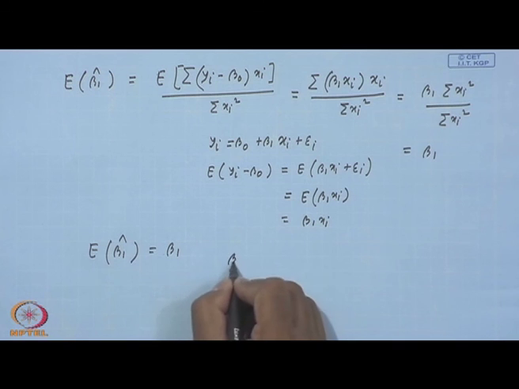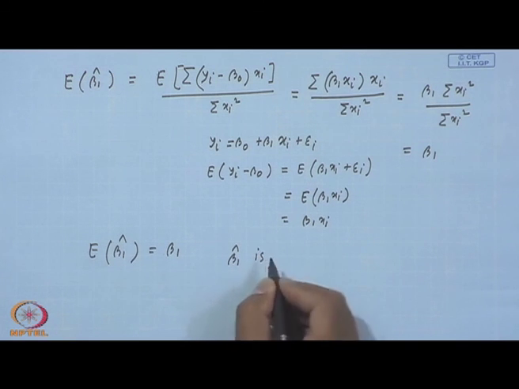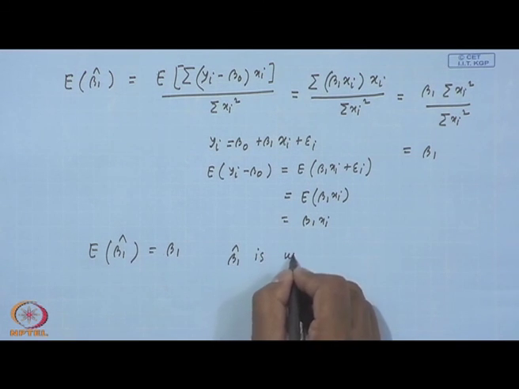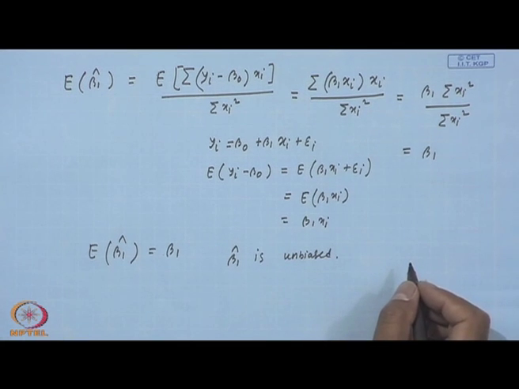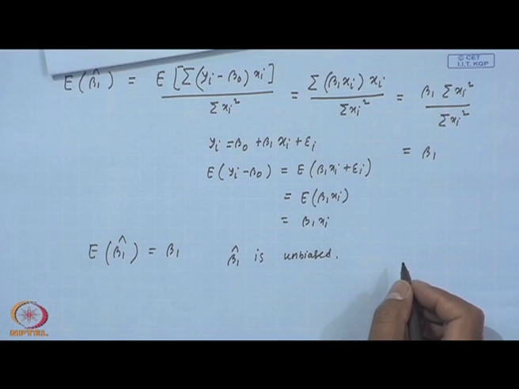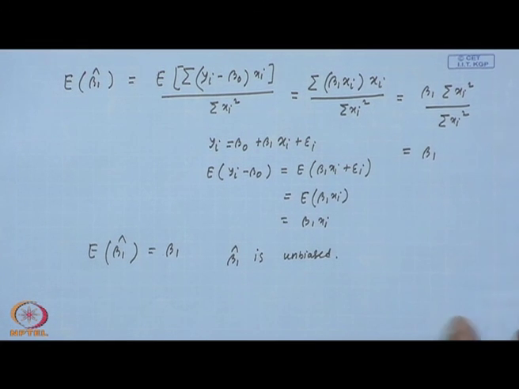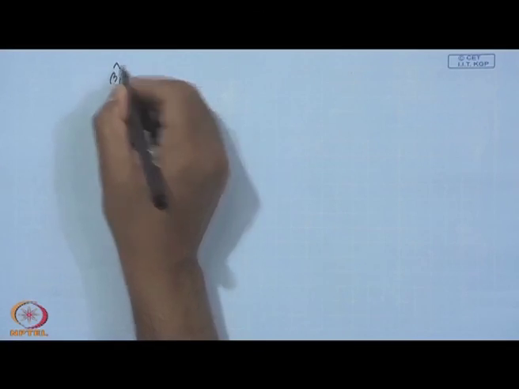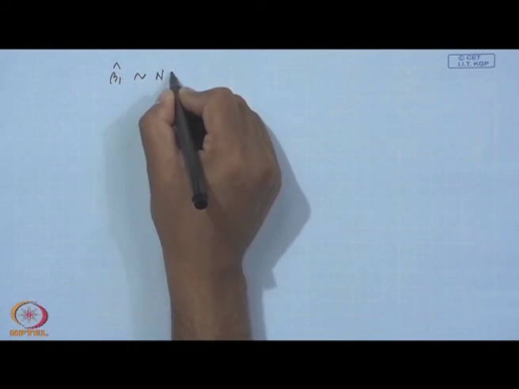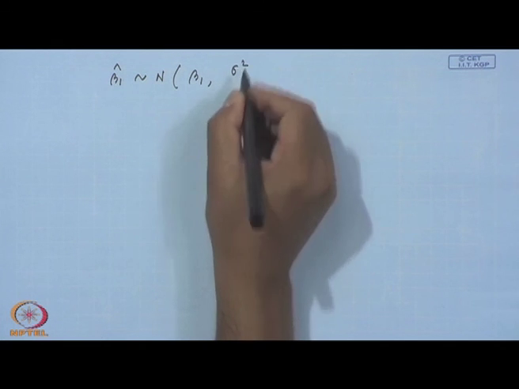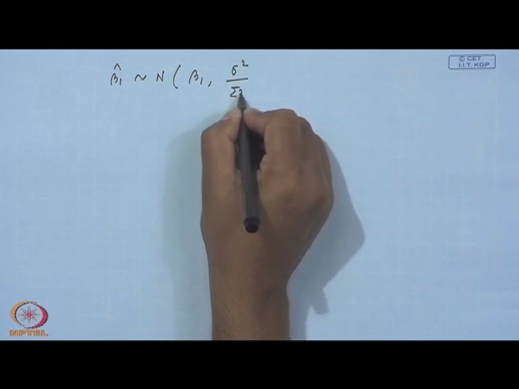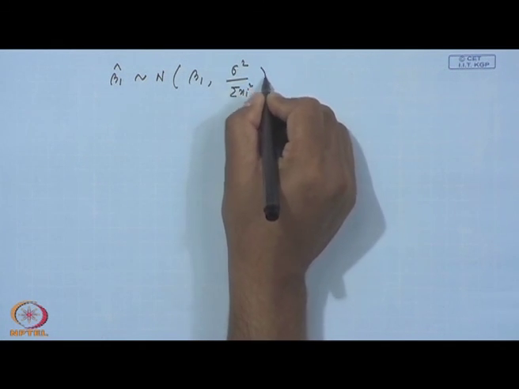So, beta 1 hat is unbiased, right, and we also know the variance of beta 1. Beta 1 hat follows a normal distribution with mean beta 1 and variance sigma square by summation x_i square.